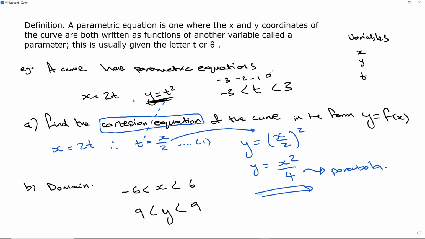And the moment I move across 0, all of these values repeat, because everything on the left hand side is going to be exactly the same as everything on the right hand side of 0, because I'm squaring it every single time. That means if I start from t equals 0 and move onward until 3, those are the only valid points that will exist. So instead of substituting the extremes, I can start from 0 to get unique values.